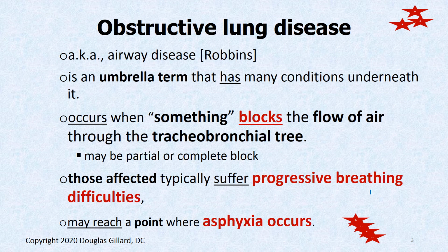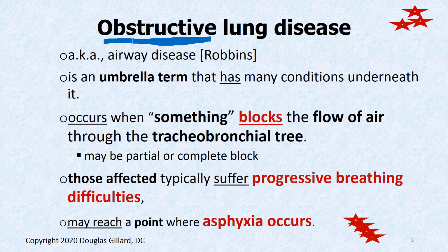AKA, from Robbins, it might be called airway disease or obstructive lung disease. What's obstructive mean, you think? Obstruction of what? Obstruction of the pipes. This is an obstruction of the flow of air through part of the tracheobronchial tree, if not all of it.